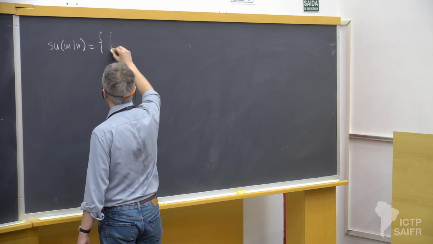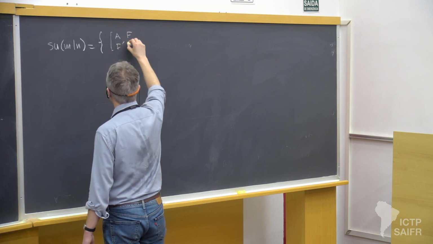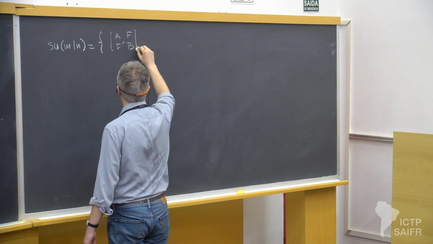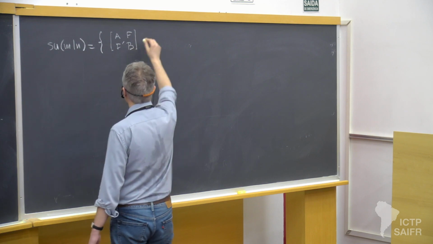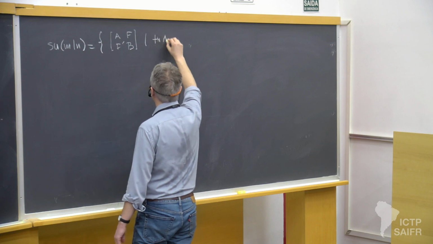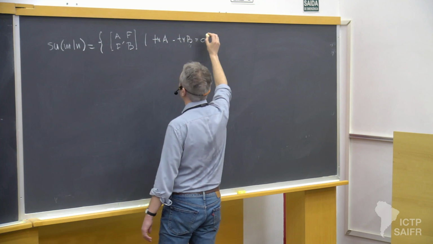matrices of the form A, F, F prime, B, such that trace A minus trace B is equal to 0.